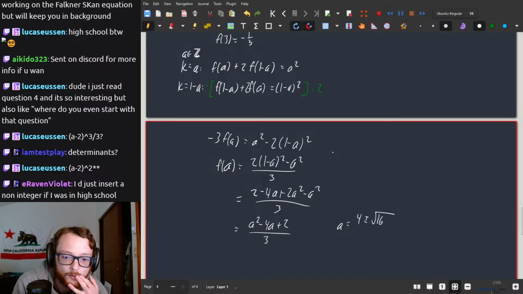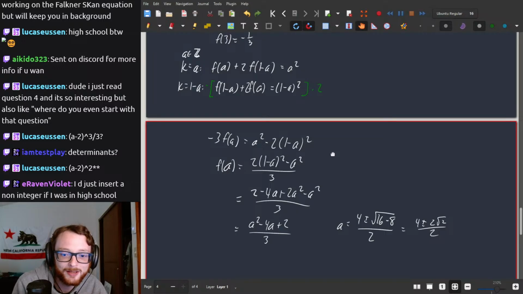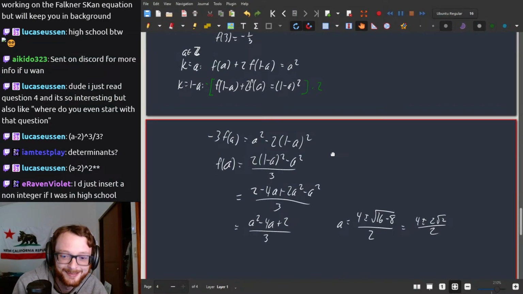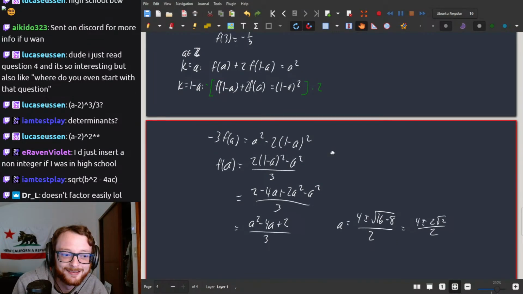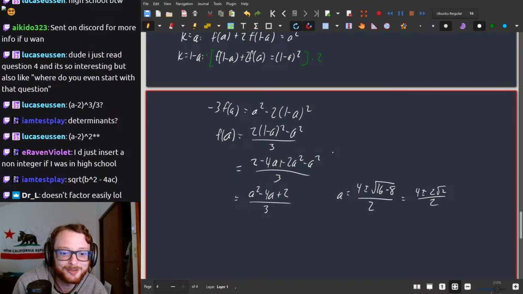B squared minus 4ac. Ooh, wait, does it? 2 root 2 over 2. Okay. Actually, no, this seems helpful because this is definitely not an integer, right? Yeah, it just doesn't easily factor.